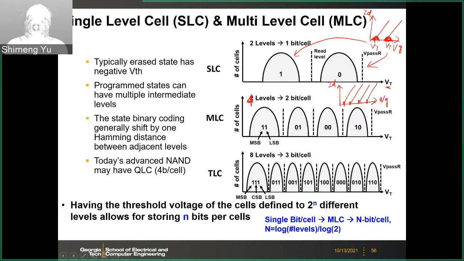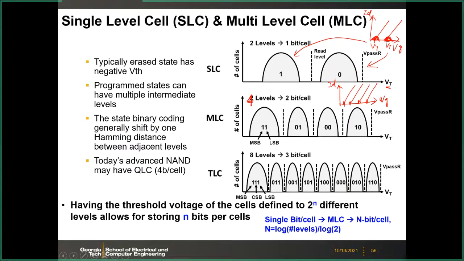So here, the 2 bit per cell is typically called MLC. 3-bit per cell is typically called TLC. This is triple level cell. And today, for the advanced NAND flash, you may have the QLC. This is quadruple, 4-bit per cell.